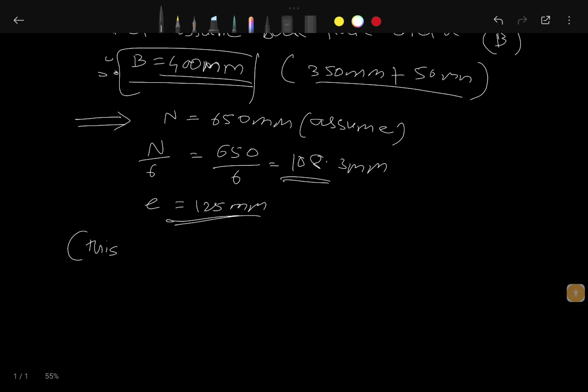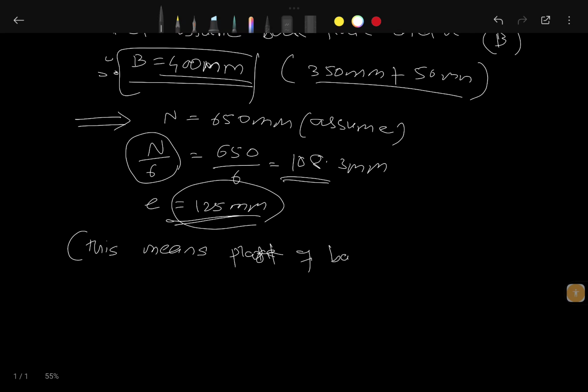Because N by 6 is less than eccentricity, that means part of the base plate is under tension.